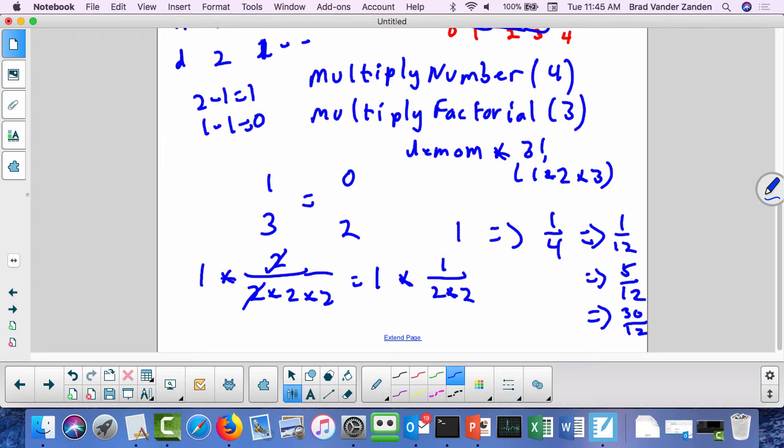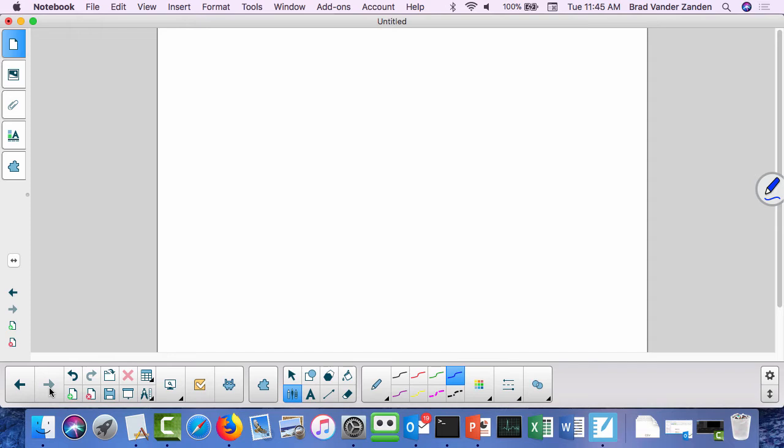So the next thing we're moving to is BigO notation. And I'm only going to hit BigO notation very quickly today.